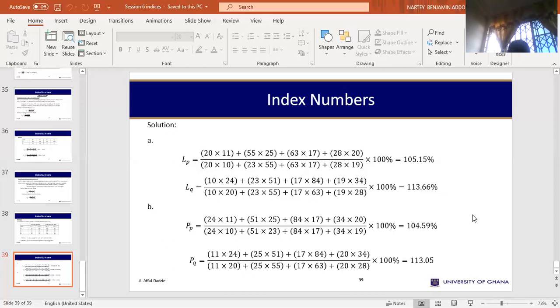And then the weight used may be outdated. Secondary data may have been miscalculated or misinterpreted. And then the base year to be used should be the year in which no unusual events occurred. So that is about the deflation.